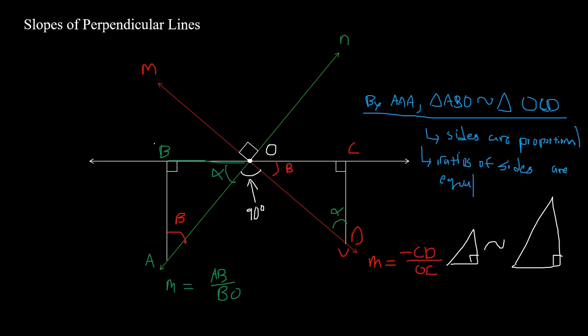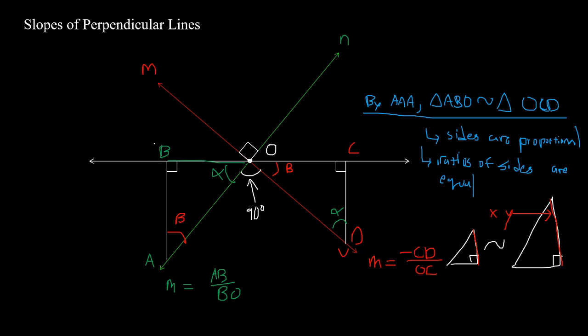Basically, with similar triangles, the sides are proportional. So this red side is not going to be equal to this red side, but this small red side multiplied by some number y is going to equal the length of this big red side.